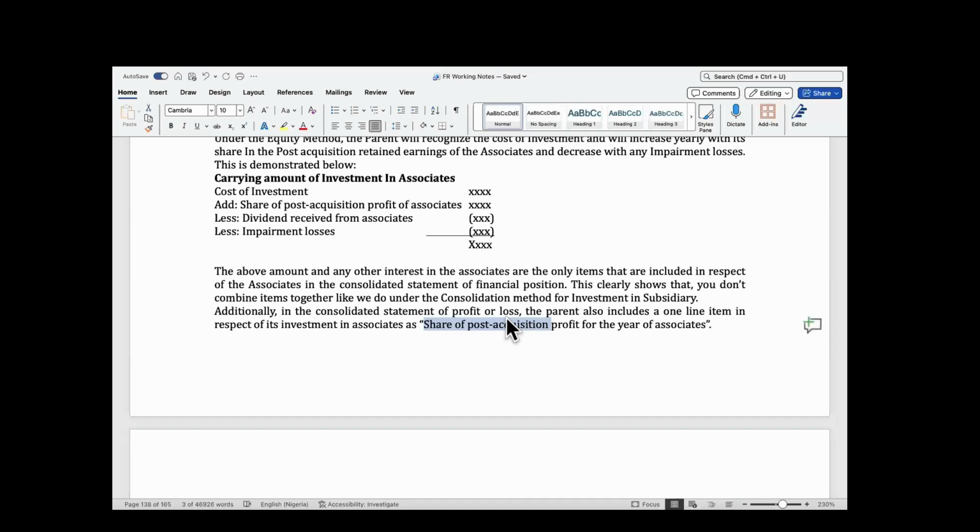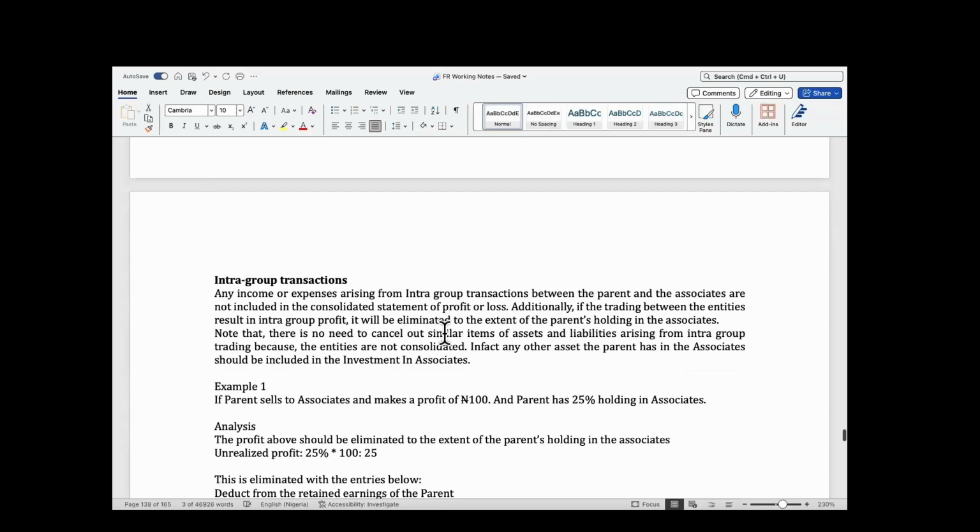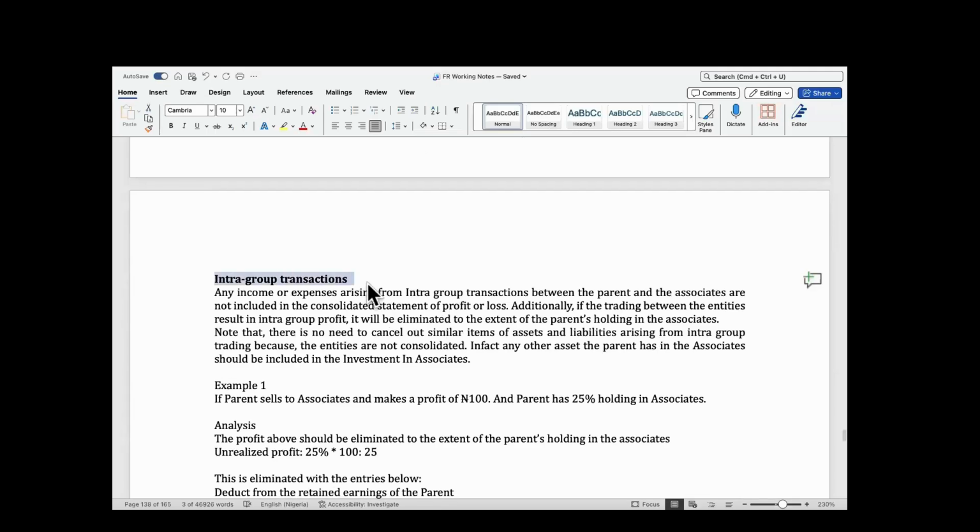Now, with that understanding, what happens if there are transactions between the parent and the associates?